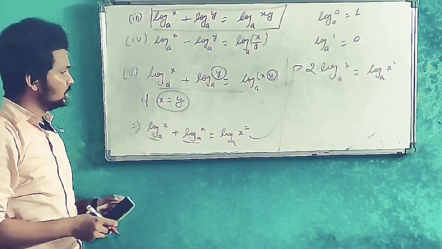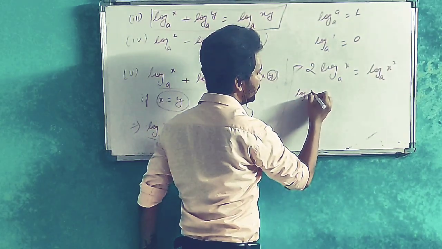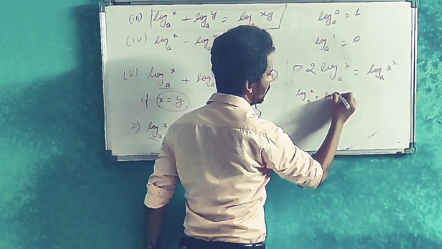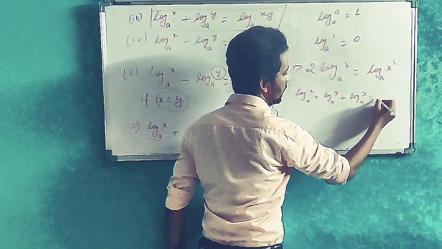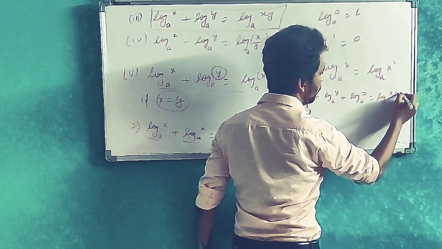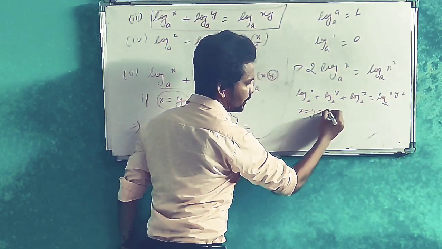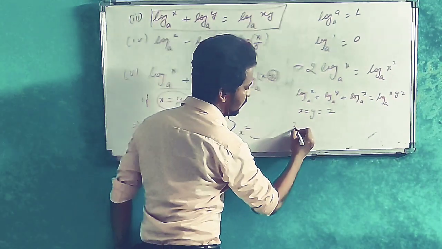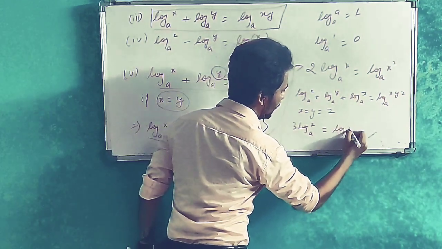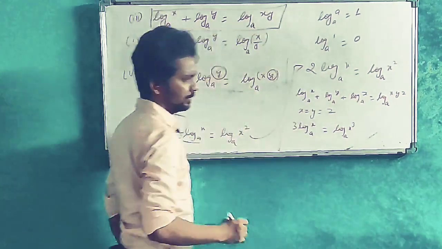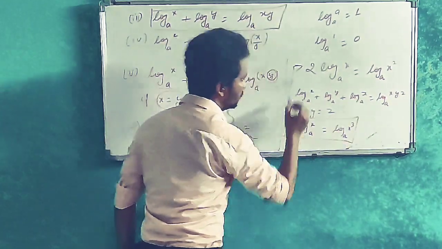Now if I use three terms like this, log x base a plus log y base a plus log z base a, then I will get log xyz base a. Now if x equals y equals z, then I will get 3 log x base a is equal to log x cube base a. You can see the pattern we are getting.